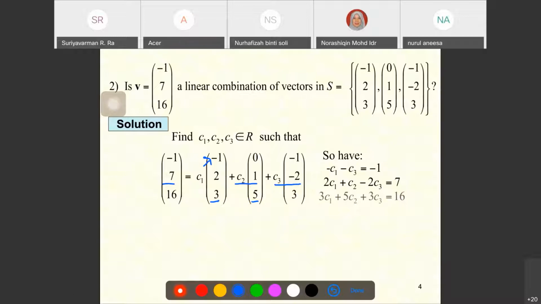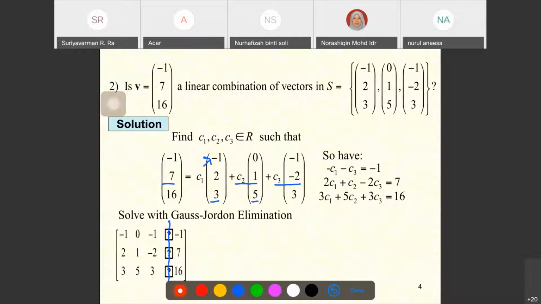Negative 1, 0, negative 1, negative 1. 2, 1, negative 2, 7. 3, 5, 3, 16. Okay. You guys do the elimination.